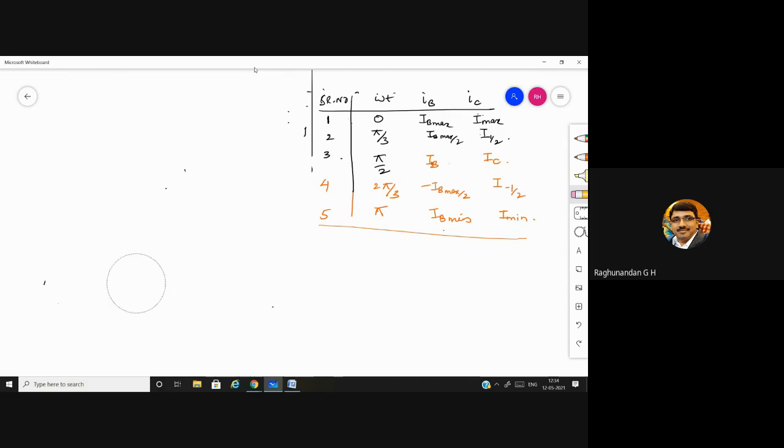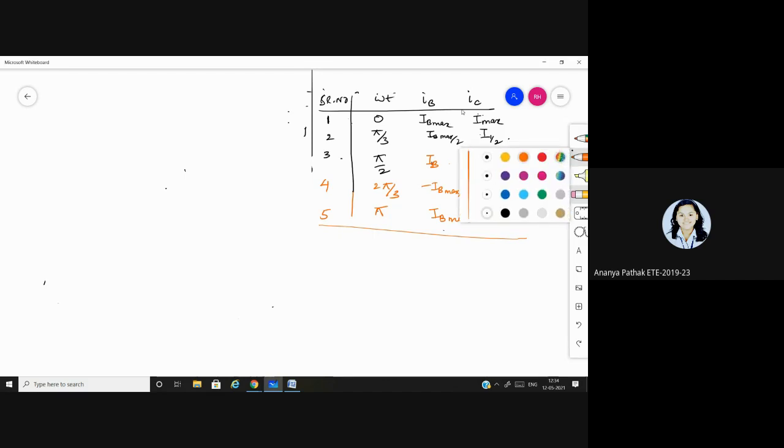Ananya Patak, what is the first equation? Yes, sir. The fourth equation is B0 plus B1 cos omega t plus B2 cos 2 omega t and B3 cos 3 omega t plus B4 cos 4 omega t. We'll replace omega t as 0, sir. What you'll get?